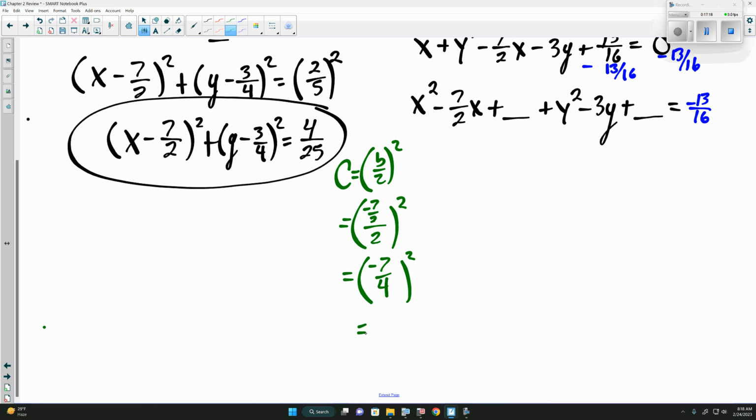And at this point we can square it, giving us 49/16. And if I add it to one side, we have to add it to the other. Questions on this so far?